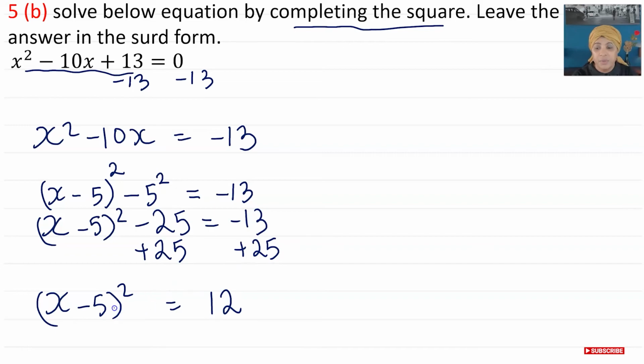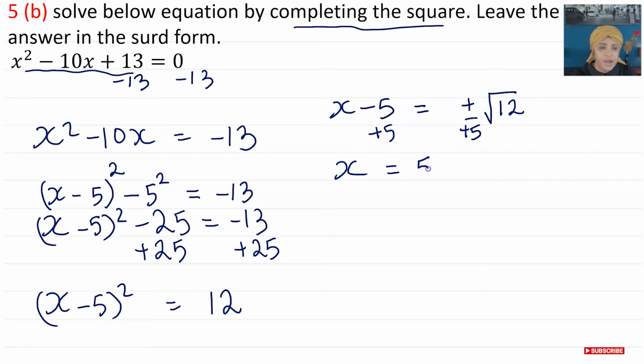Now I need to remove the square by square rooting both sides, and that will give me x minus 5 equals, now when you square root you need to put plus or minus, so plus or minus square root of 12. Now I can remove the 5 by adding 5 on both sides. So x is going to be equal to 5 plus or minus square root of 12.